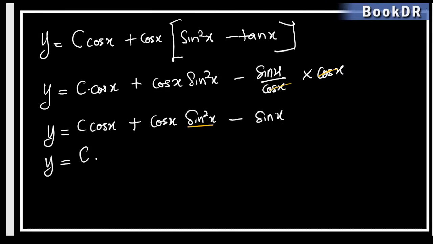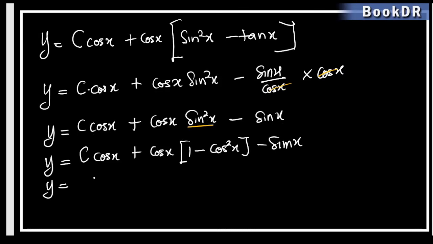So we are going to have the constant multiplying cos x plus cos x multiplying 1 minus cos square x minus sine x. Opening the bracket, we'll have some constant multiplying cos x plus cos x minus cos cubed x minus sine x. These two are like terms.